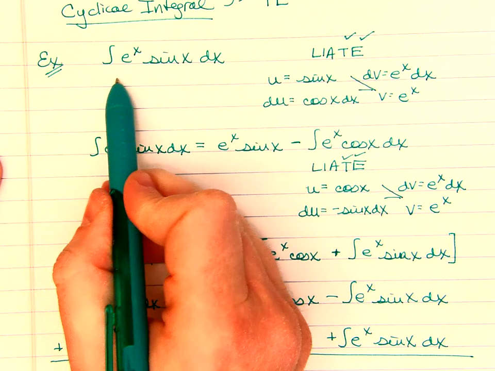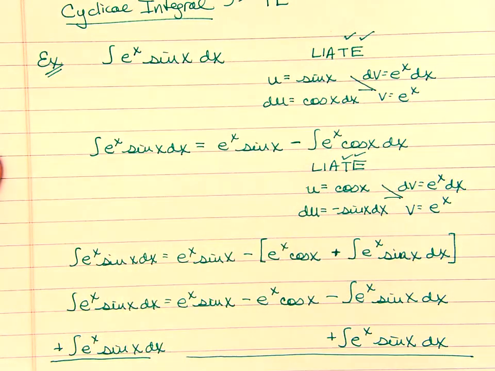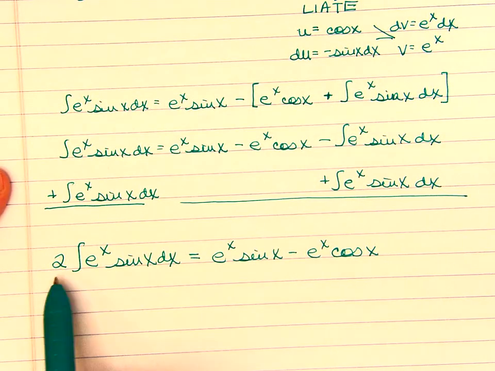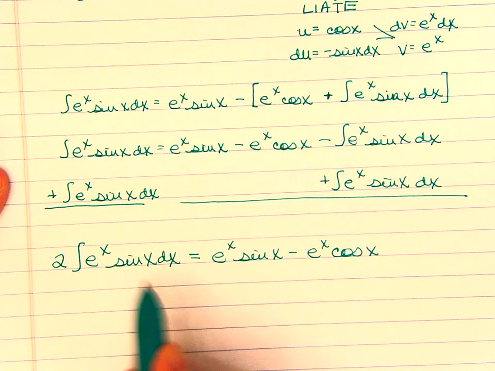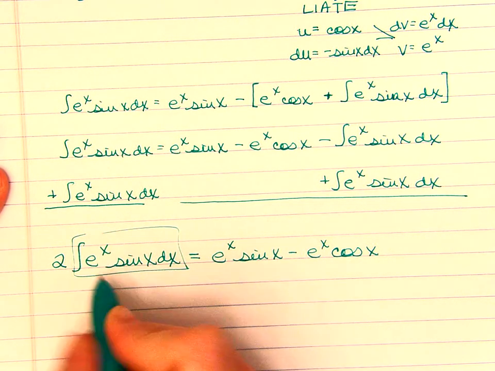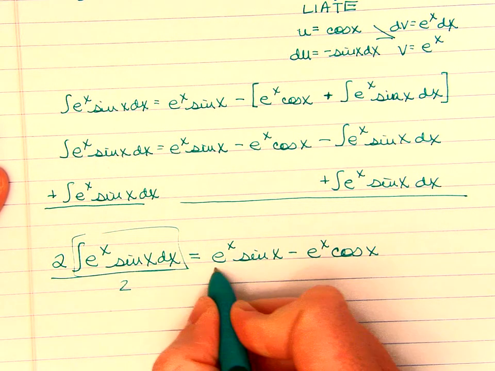My original problem was for you to find the integral of e to the x sine x dx, and I'm almost there. I've got 2 times the integral of e to the x sine x dx, so I'm just going to divide everything by 2.